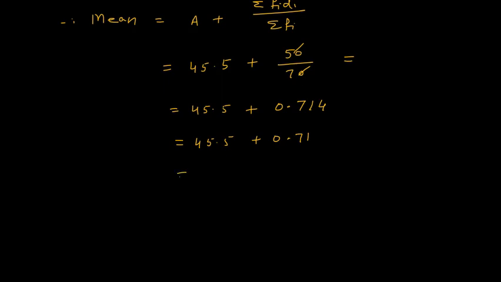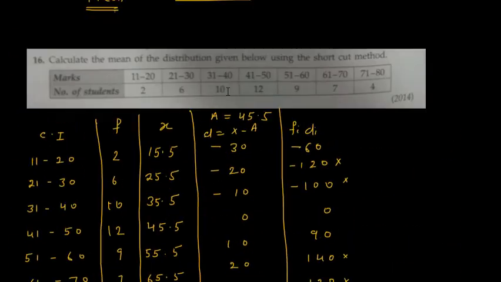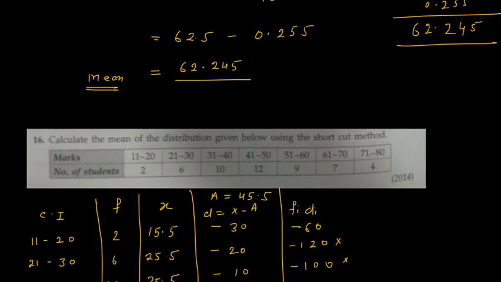So rounding is important. Now 45.5 plus 1.4 gives 46.9. So mean value is 46.9. Right? This is the 16th one.